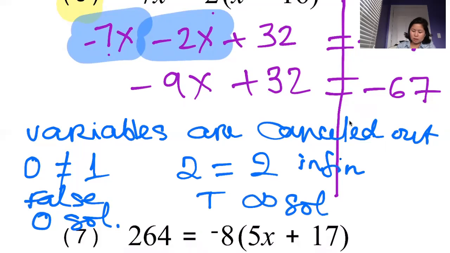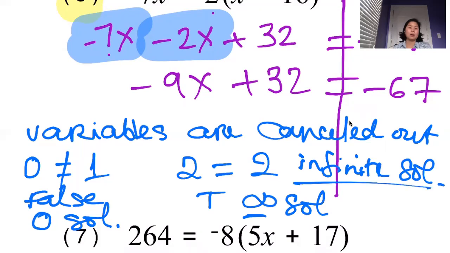So on Monday, that will be the time that you have to type in your answer. So you want to type in infinitely many solutions. You want to type it in because I don't think you can type in this symbol. So you will run into special cases where they will cancel out and you run into either a true statement or a false statement.